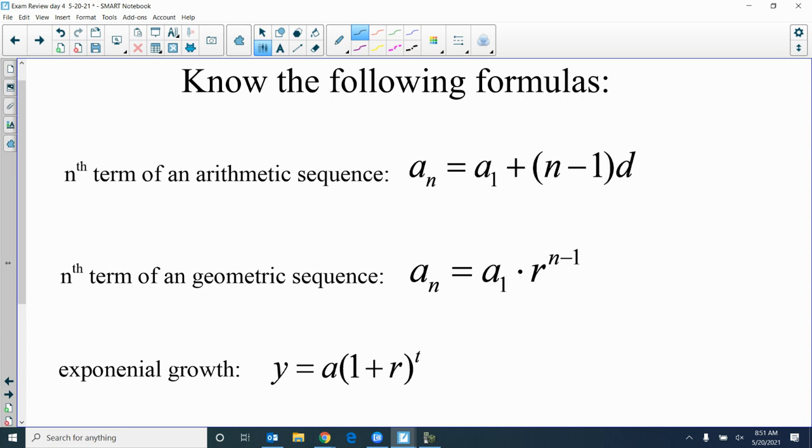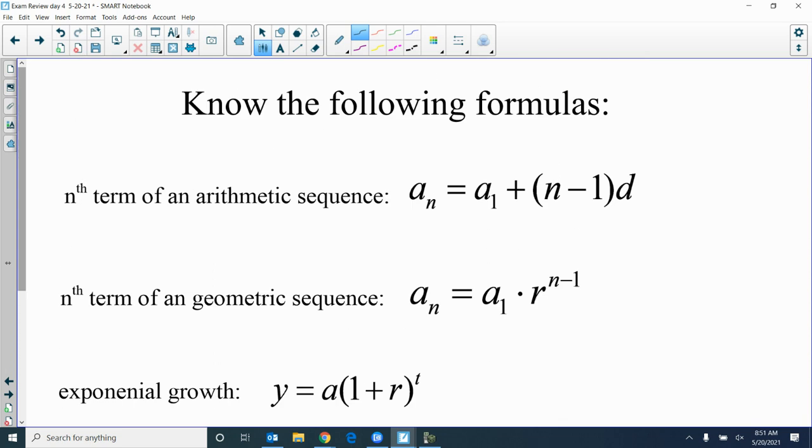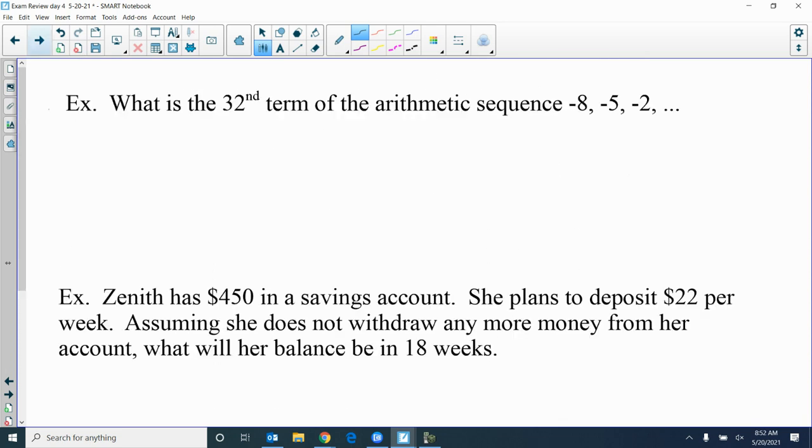And exponential growth is y equals a times 1 plus r to the t power, for time. Exponential decay is 1 minus r. We've had that enough, so you should be able to get away with that. I don't think there is a decay one on there, but there's a growth.